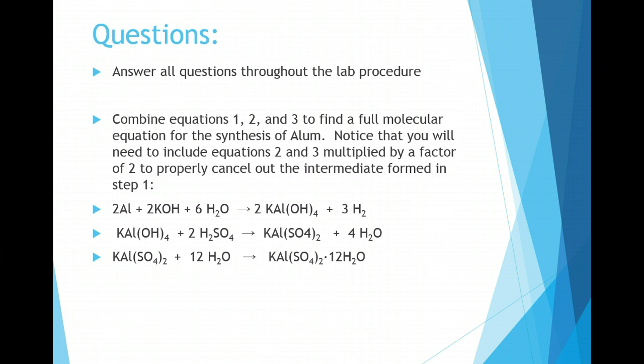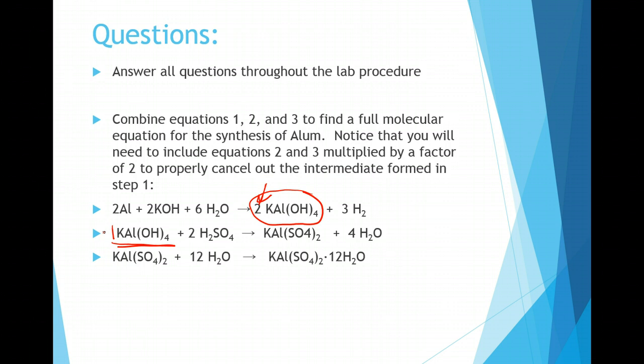If you take a look at this first equation, this intermediate potassium aluminum hydroxide is formed, but that's really not alum, and you'll see that that same product is then consumed or used up in equation 2. However, there's 2 moles of it in the first equation and only 1 mole of it in the second equation.